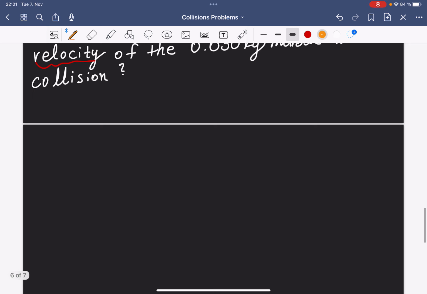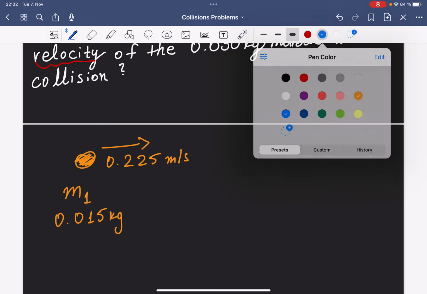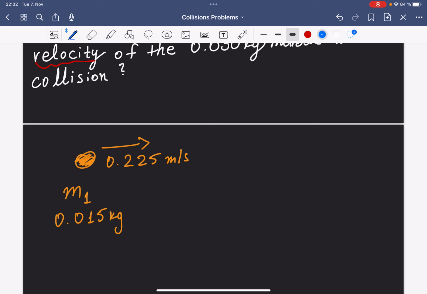So, let's say we have M1 marble, the one that has 0.015 kilograms, and it is moving in this direction to the right with 0.225 meters per second.